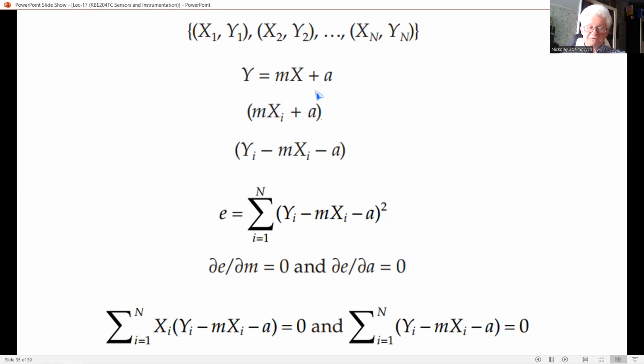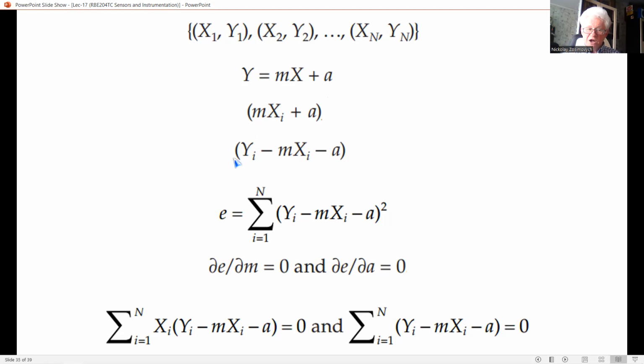For the independent variable values x sub i, the dependent variable value on the regression line is m x sub i plus a. But the measured value of the dependent variable is y sub i.